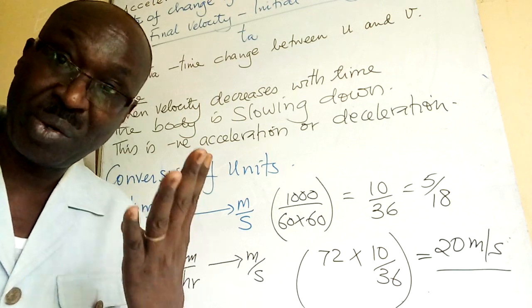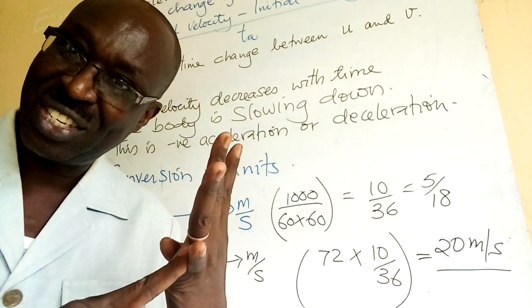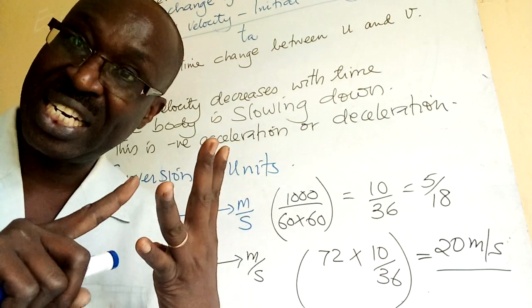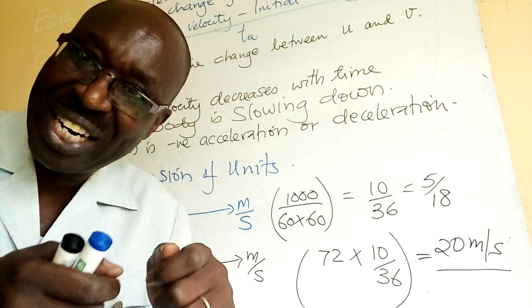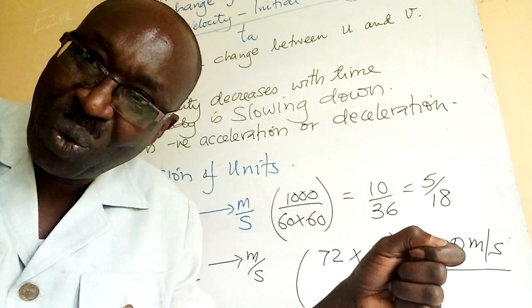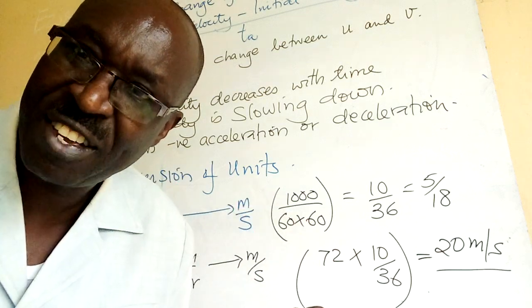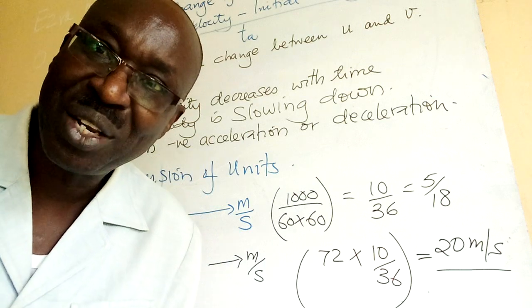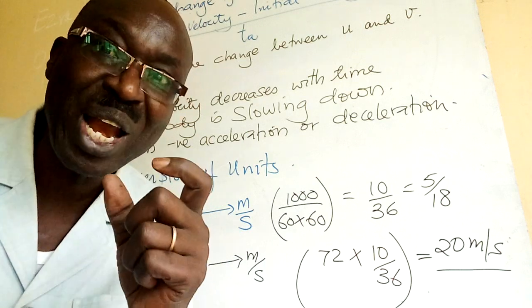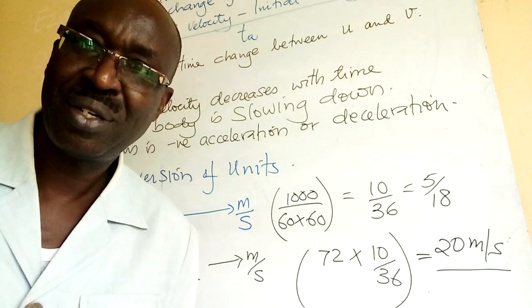Other things that may be tested are your ability to get distance and your ability to get displacement. Remember, displacement you can get using a ruler or any measuring device, or at this level from Form 2, you can use Pythagoras, depending on the way the motions are laid out.